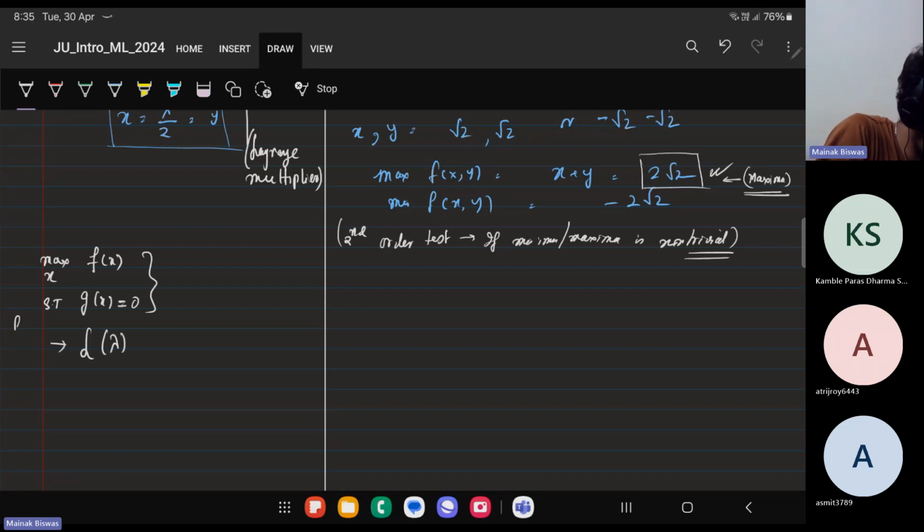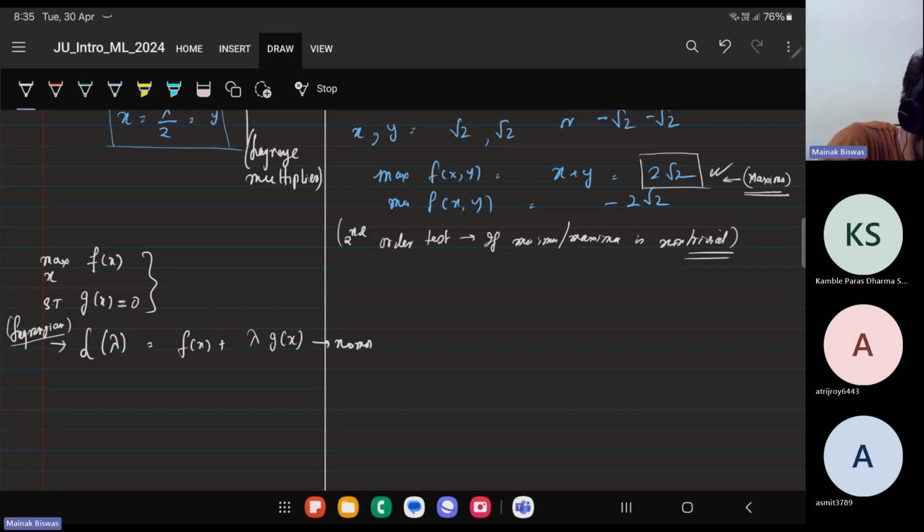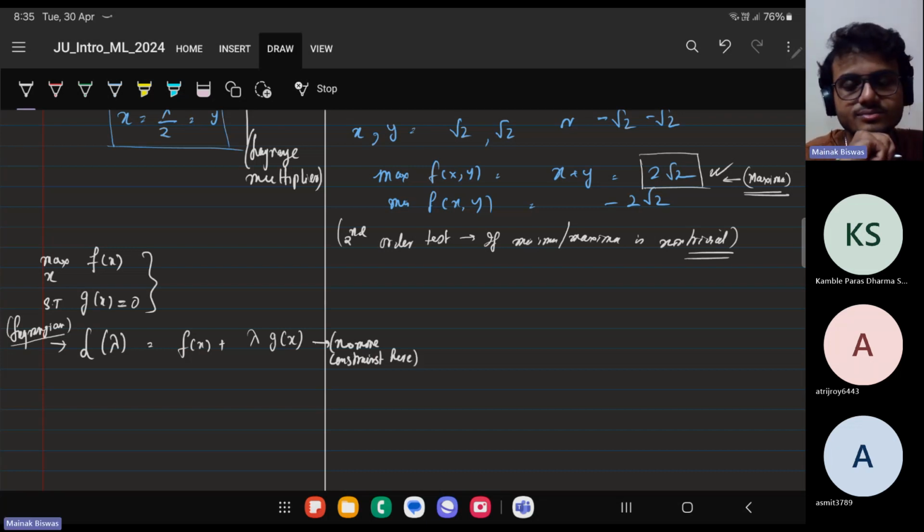This is called a Lagrangian, which is f of x plus lambda times g of x. Okay. So why can I write this? Can you tell me why this form is true? And there are no more constraints here.